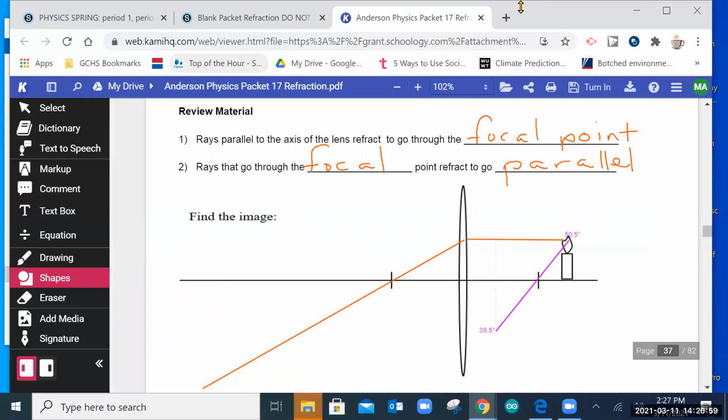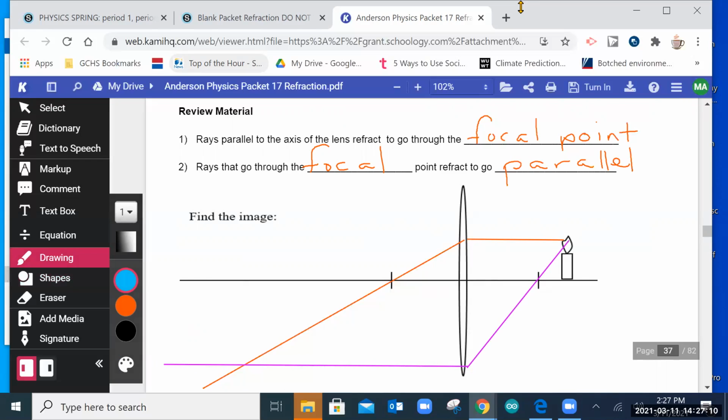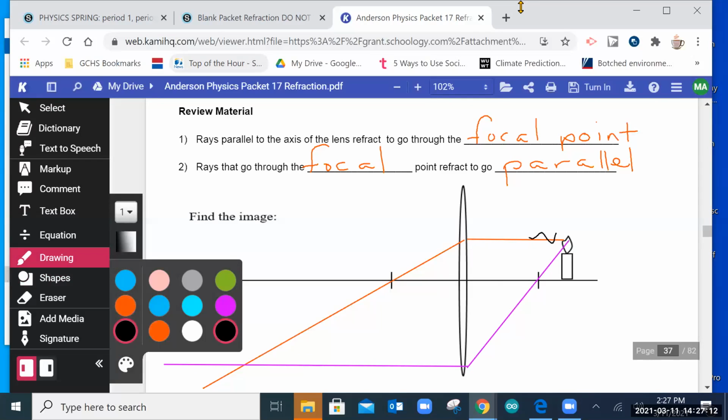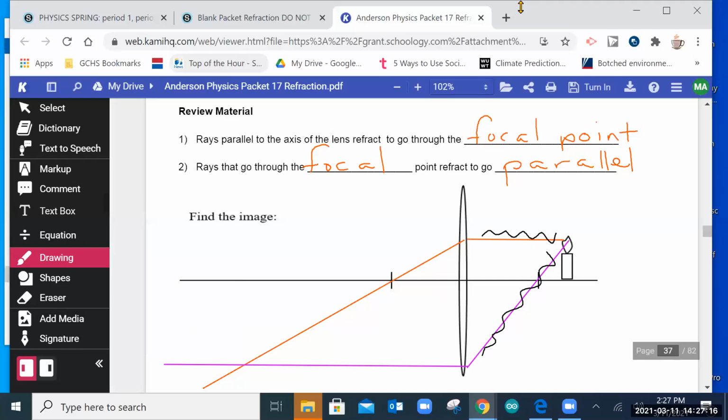So it goes through the focal point like that, hits the mirror, or lens, I should say, and then it refracts to go parallel, like that. Once we have drawn those rays, we can scribble out the incoming rays because they can sometimes just get things confused. But not too bad in this case because our image location is way over here.